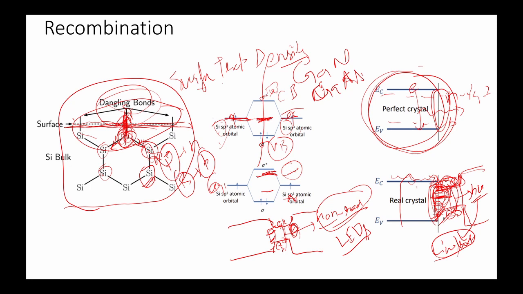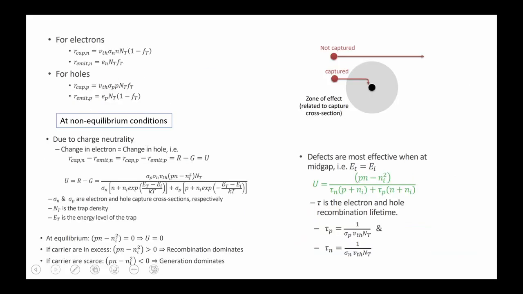So there will be a reduction in the current, but we wanted the current high, which is not desired. So we need to reduce these surface states as much as possible.